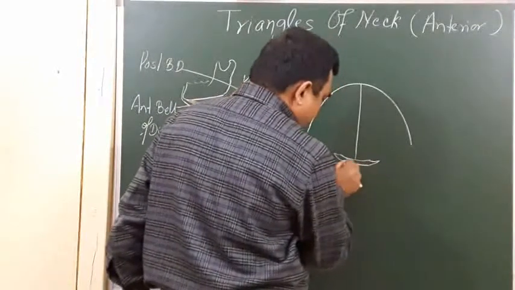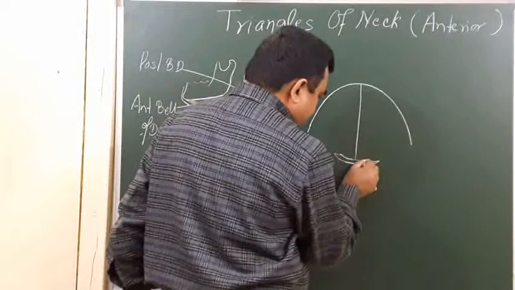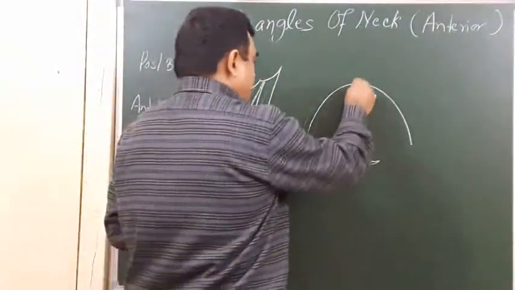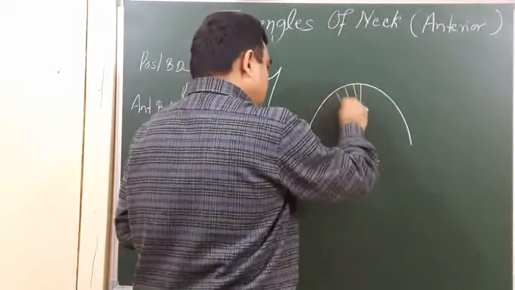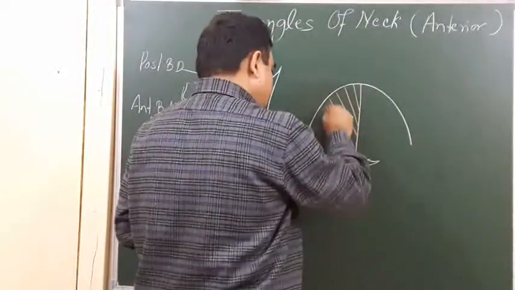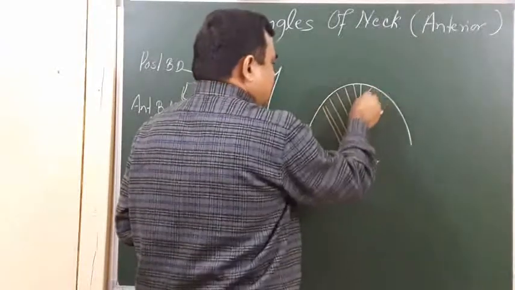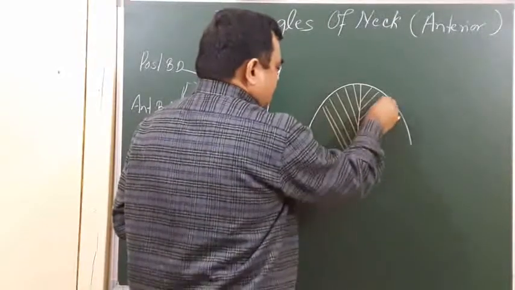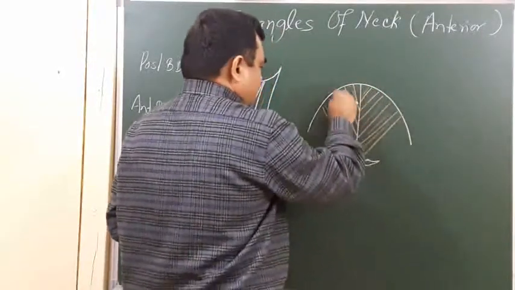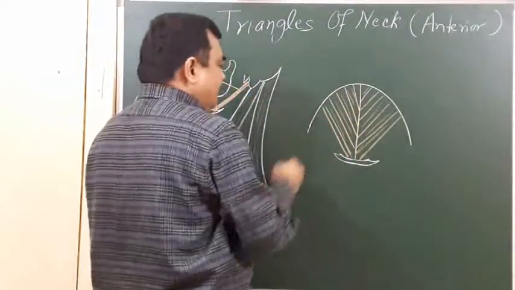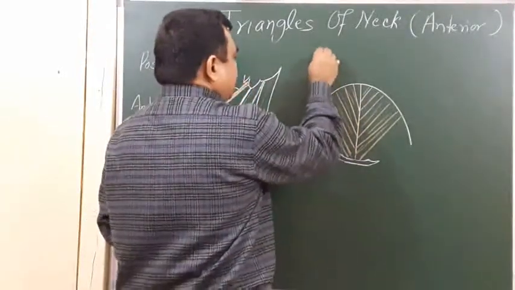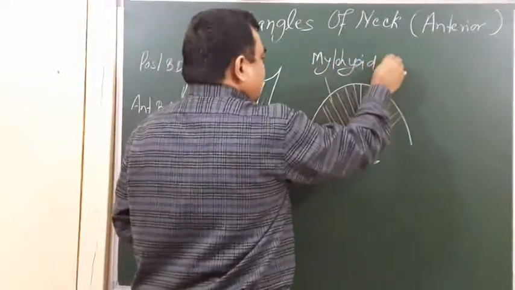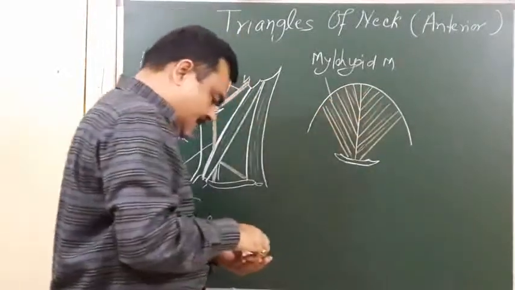This is the hyoid bone. And this muscle is the mylohyoid muscle.